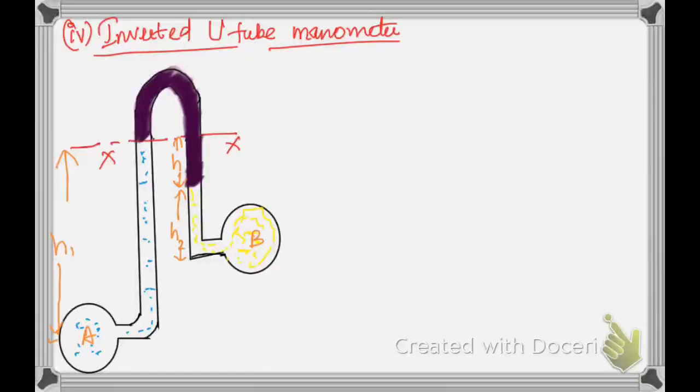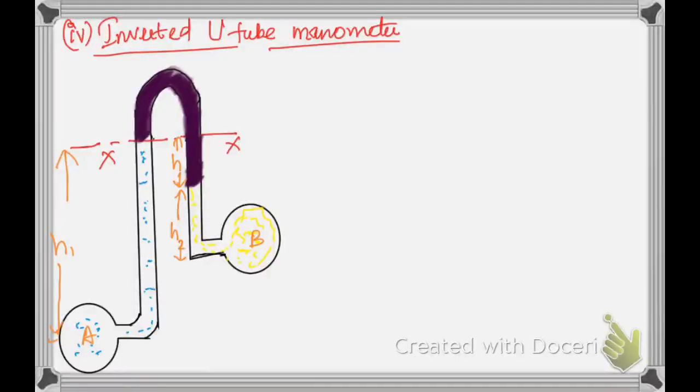The two ends of the tube will be connected to the points whose difference in pressure is to be measured, say A and B. This inverted U-tube manometer is used mainly for measuring differences in low pressure. Very accurately you can measure very small pressure differences in liquids.